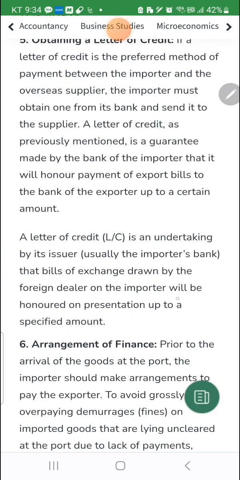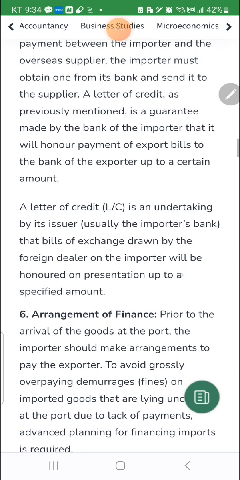A letter of credit (LC) is an undertaking by its issuer, usually the importer's bank, that bills of exchange drawn by the foreign dealer and the importer will be honored on presentation up to a specified amount.